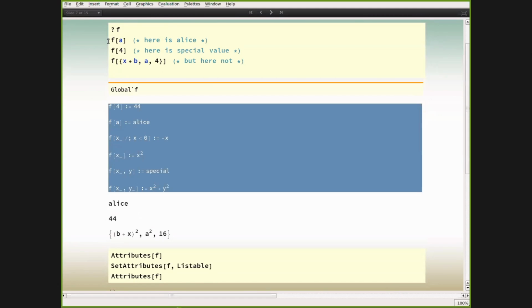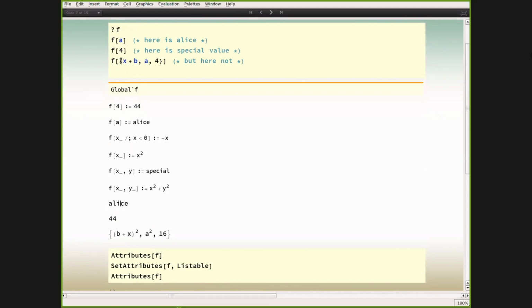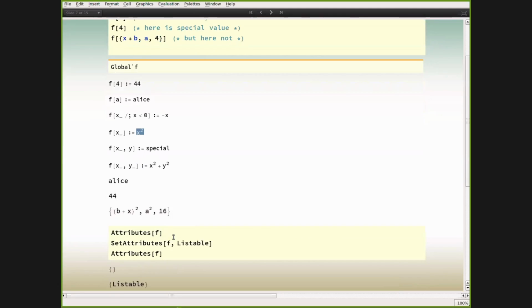Again, we call it with special values: f of a, which was Alice, f of 4, which was 44, and f of a list, where 4 was turned to 16, because this whole list was passed to the definition of our function, x squared, and the function Power is listable. So this is why it was applied.